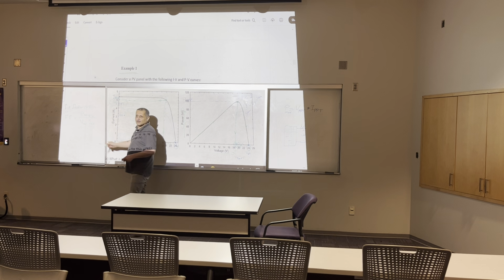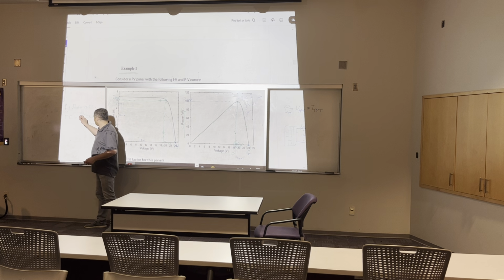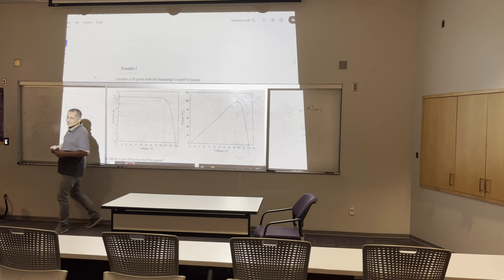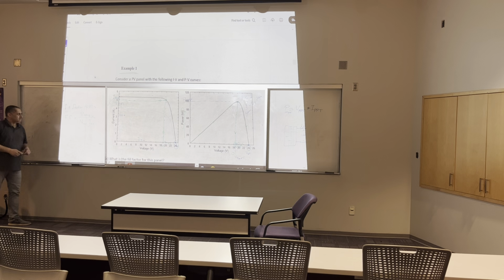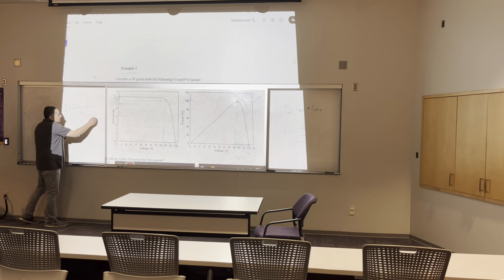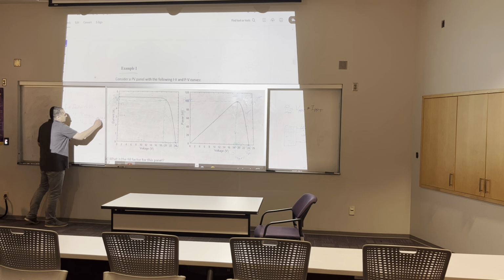Now FF is the ratio between P max to V open circuit and I short circuit. Percent if you want to add, times 100.